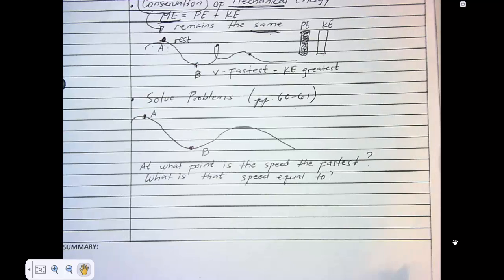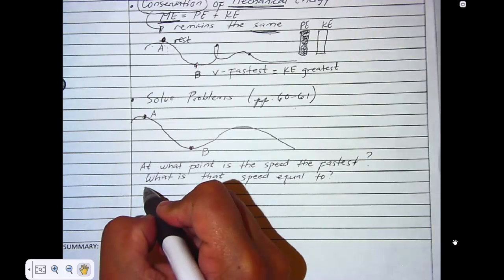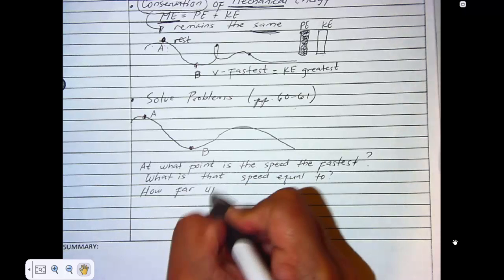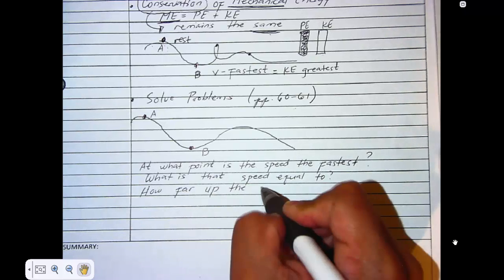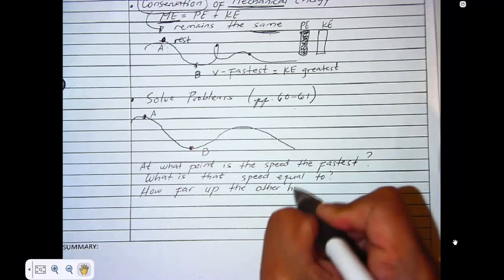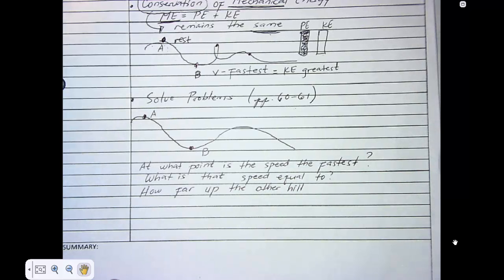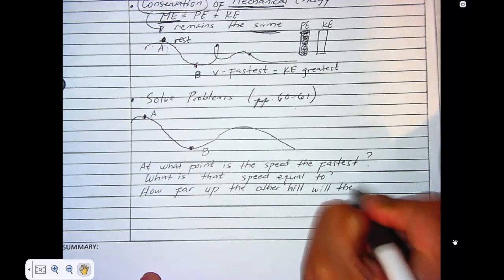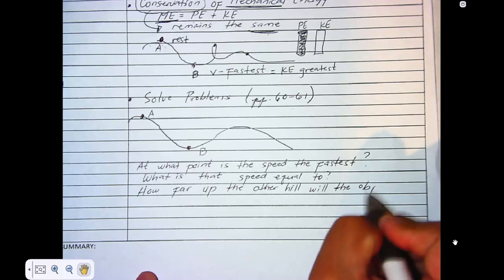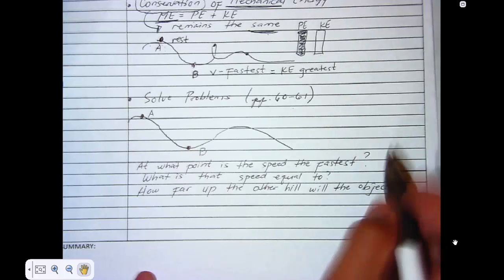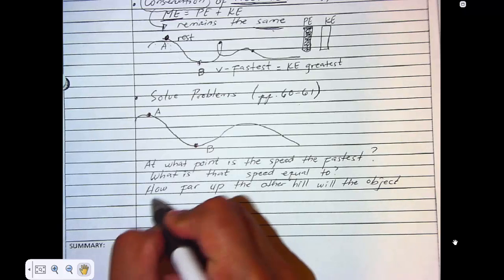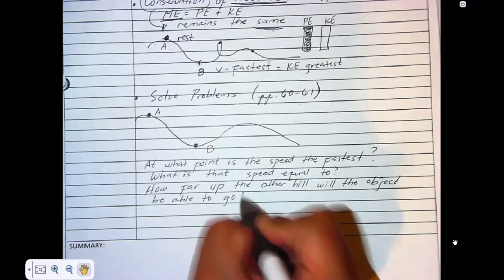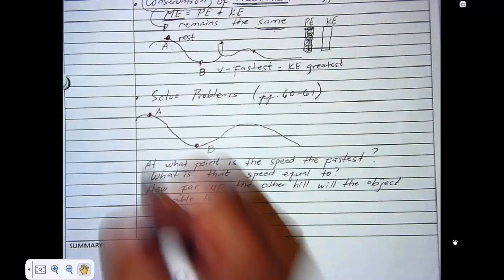And the third question will be, how far up the other hill will the object be able to go. Okay, so 3 questions.